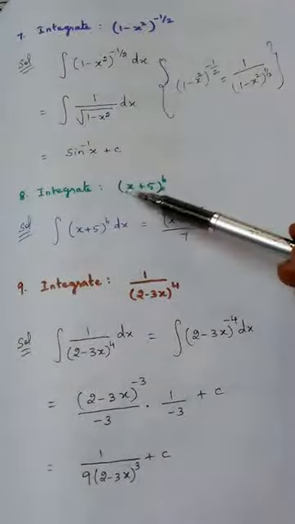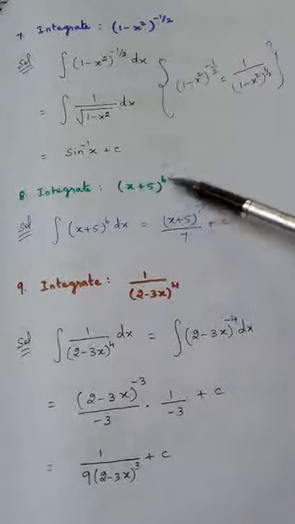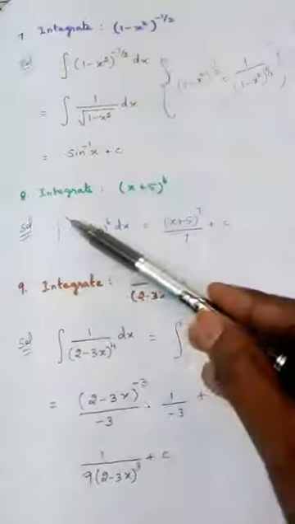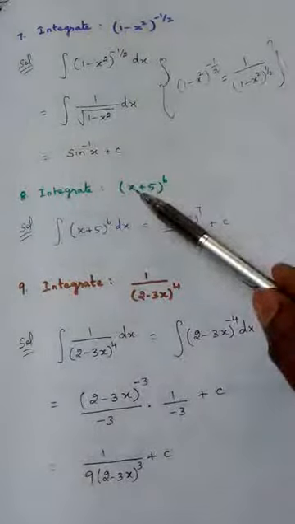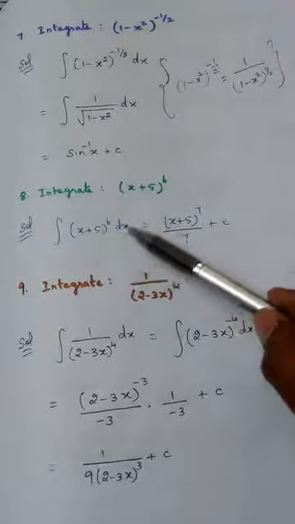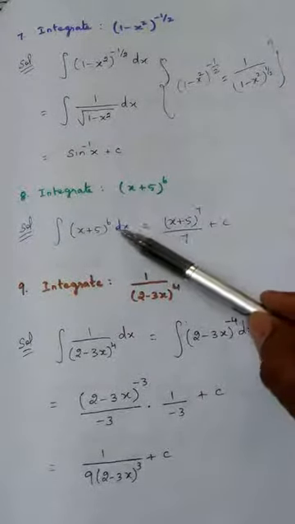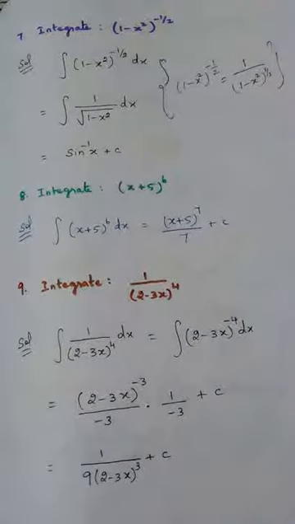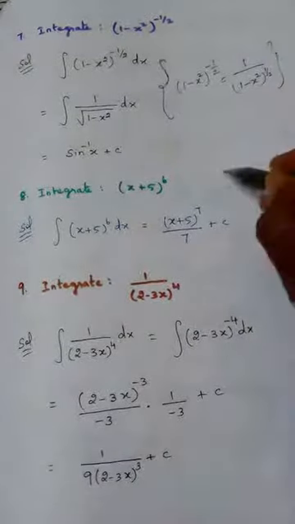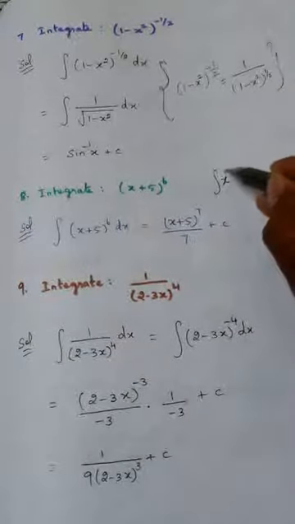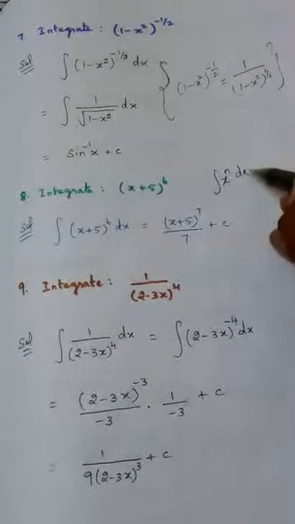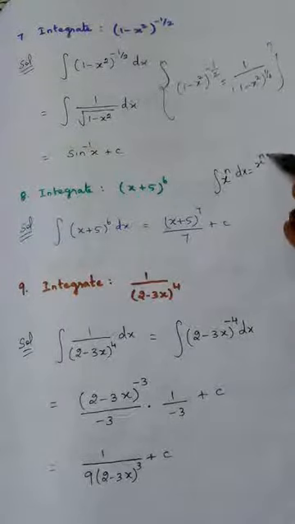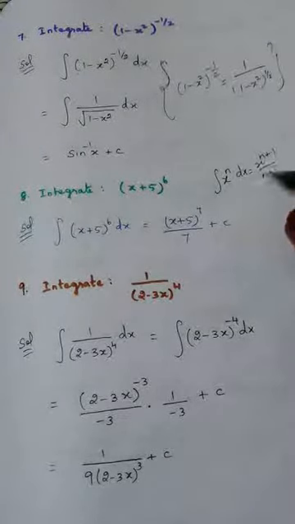Integrate (x plus 5) whole power 6. So what do we do? Putting the integration symbol, writing this and writing dx to say we are integrating with respect to x. The formula I am going to apply here is the same x power n dx formula. What does this formula say? X power n plus 1 by n plus 1.